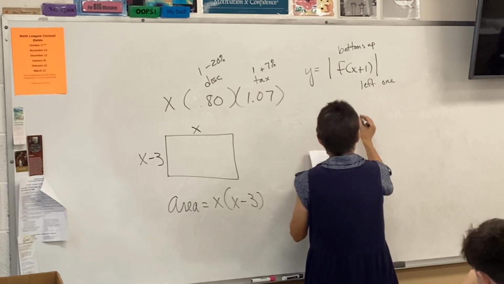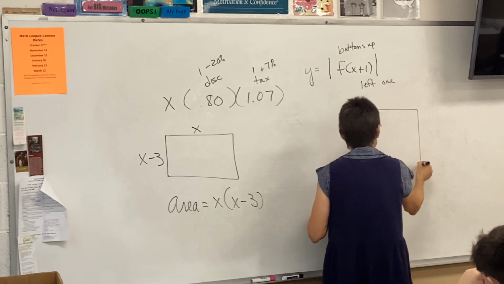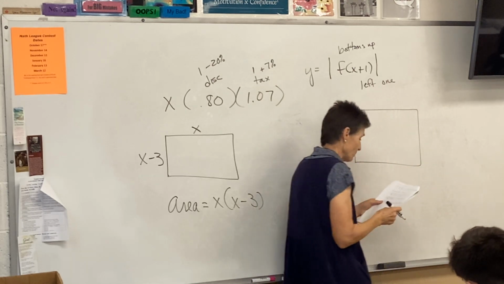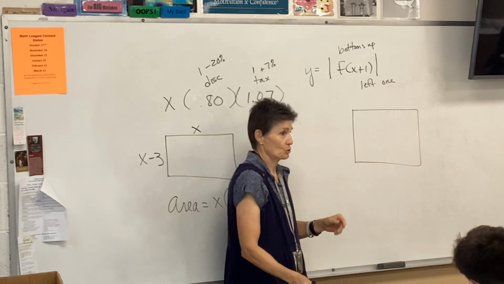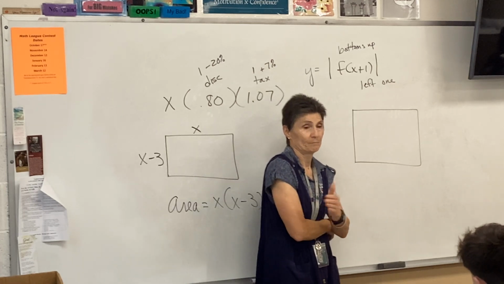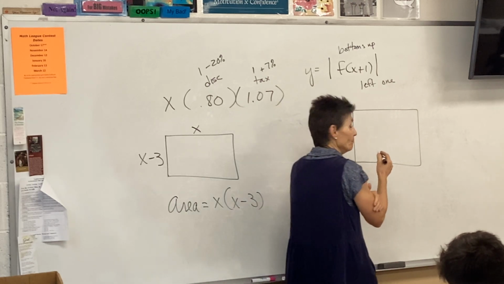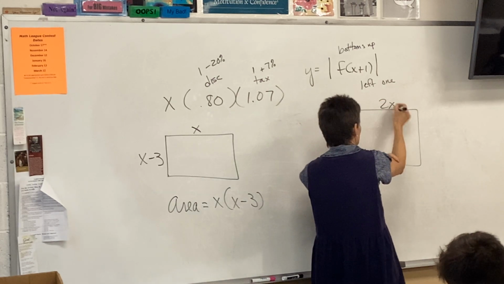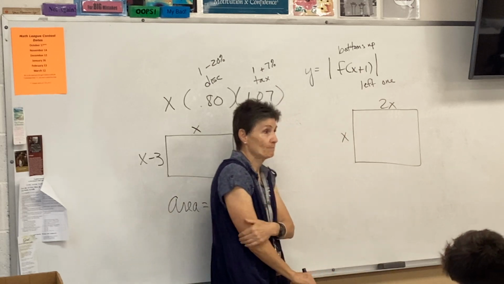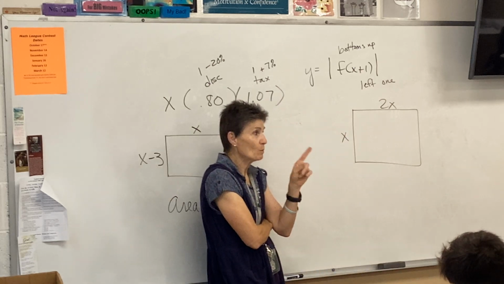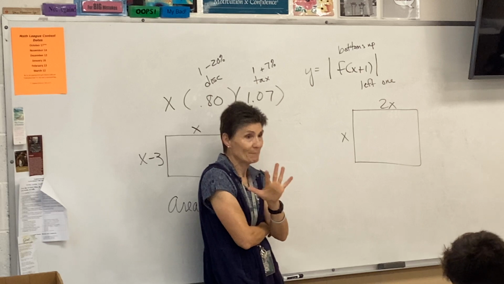All right, G. Our job is to find the perimeter of this rectangle, and the length is twice the width. Well, the length would be 2x and the width would be 1x. What do you think about that, you guys? Is that okay? Good? Now this time we want perimeter, so what does that mean?